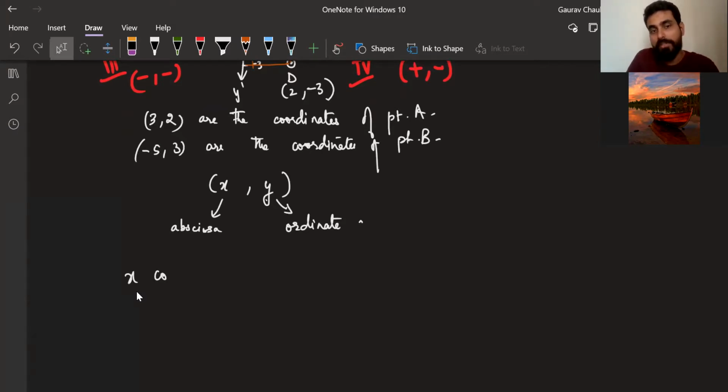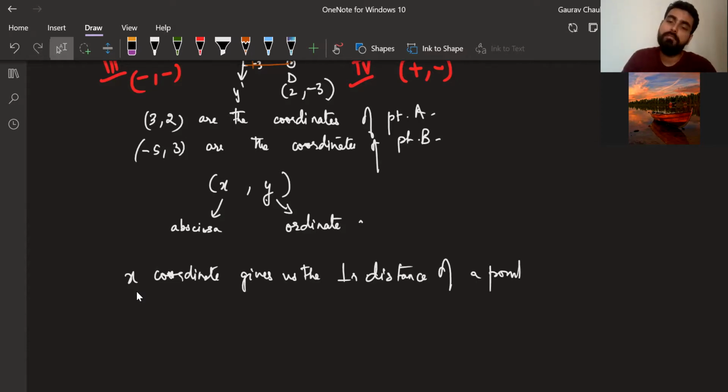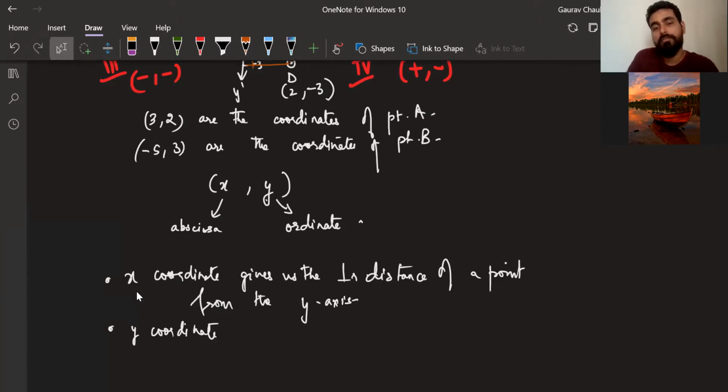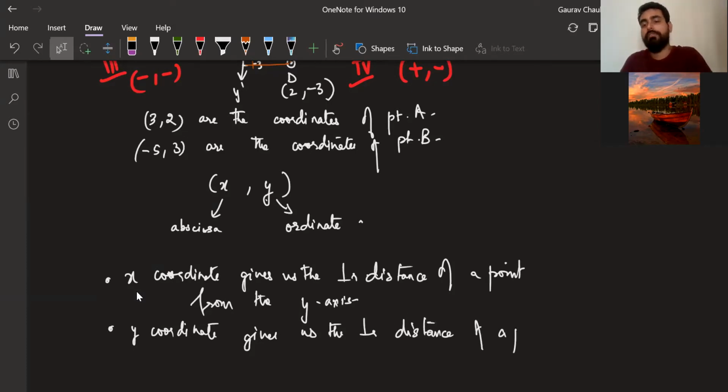Okay, so the x coordinate, let's take this down also. The x coordinate gives us the perpendicular distance of a point from the y-axis, and the y coordinate gives us the perpendicular distance of a point from the x-axis.